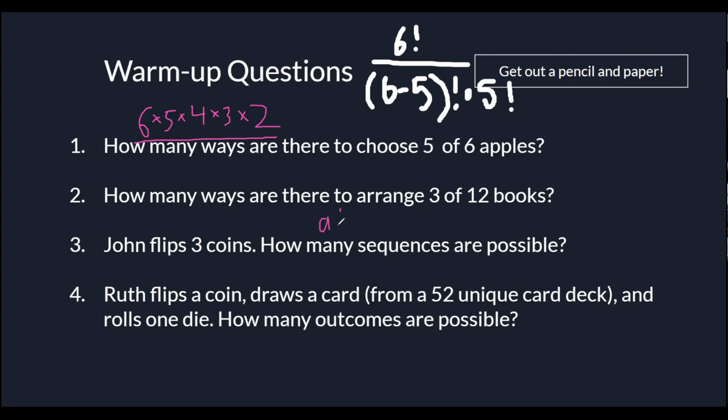For example, if we're given the letters A, B, C, D, E, we can arrange them in 5 factorial ways. We can have any of A, B, C, D, or E first in the first slot, right? For the second slot, we'll have 4 choices, 5 minus the choice that we picked for the first letter. For the third choice, 2 letters will be used, so we'll have 3 possibilities.